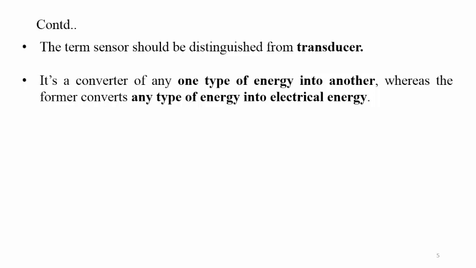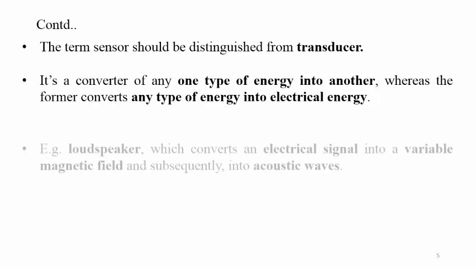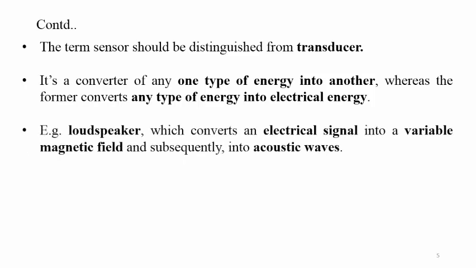So the sensor is responsible to sense the physical parameter and give the output in the form of an electrical signal. But in case of a transducer, the type of energy gets converted from one type to another type.